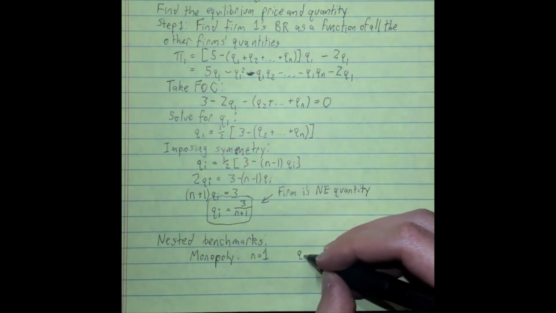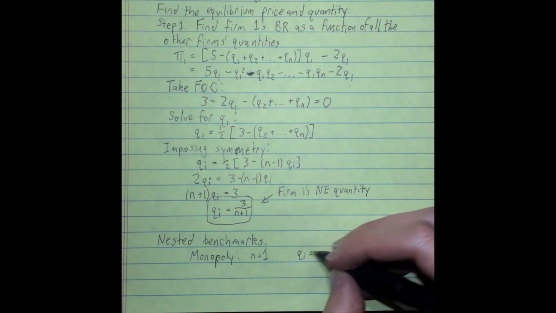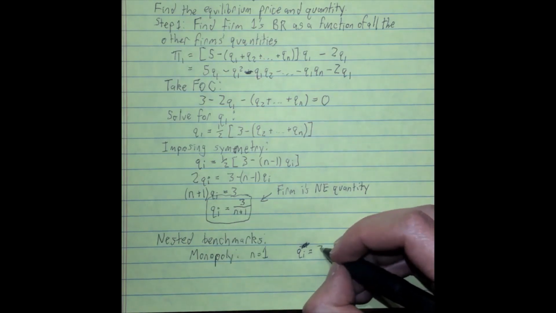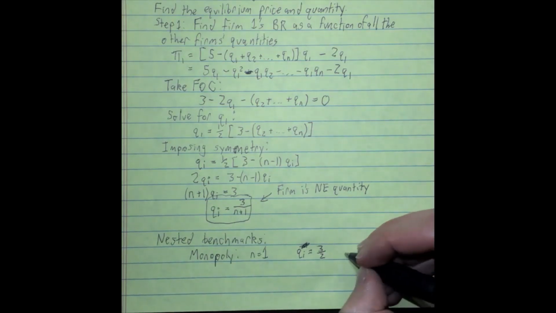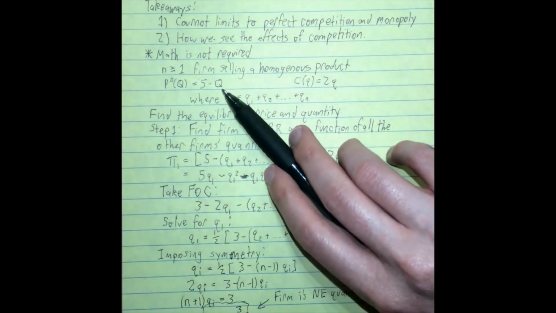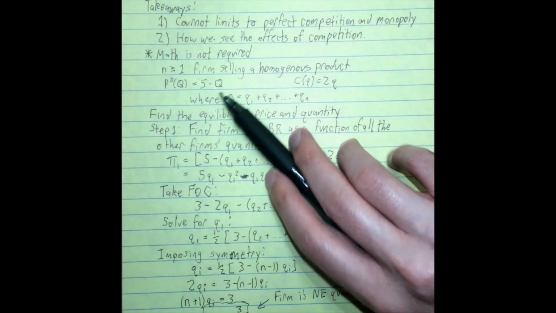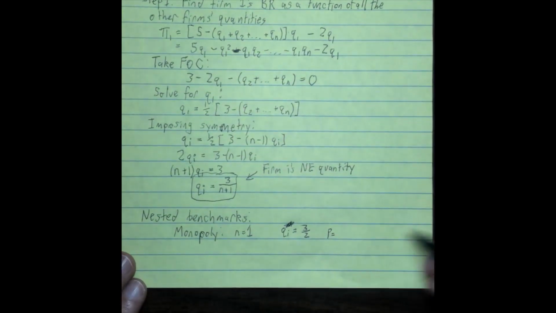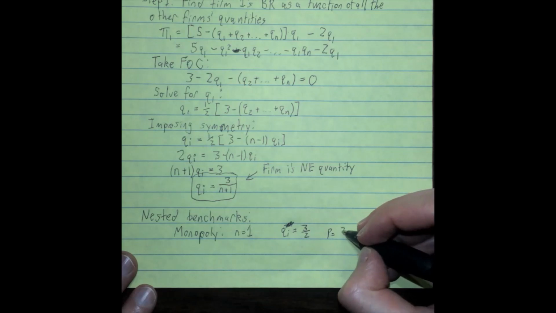So Qi is equal to, and we're going to call this Qm, or just Qi in this case. Using this value, we're just going to plug in 1 here, and we're going to get 3 over 2. And then the price, if the quantity is 3 over 2, using the demand curve, plugging 3 over 2 into 5 minus Q, is going to be equal to 5 minus 1.5, which is 3.5.